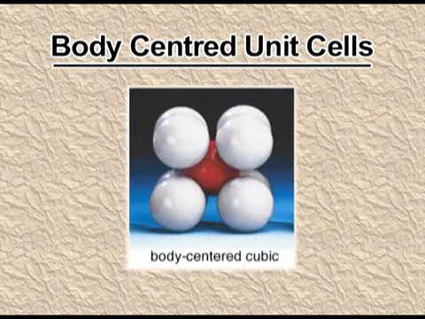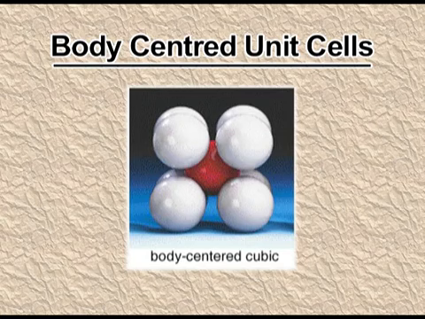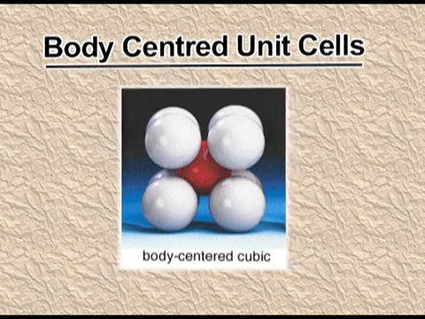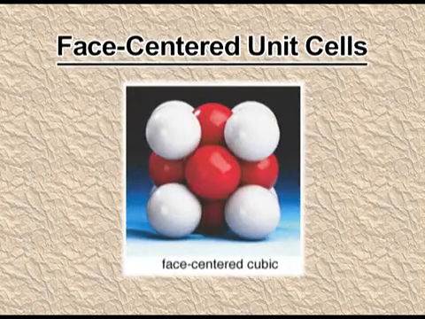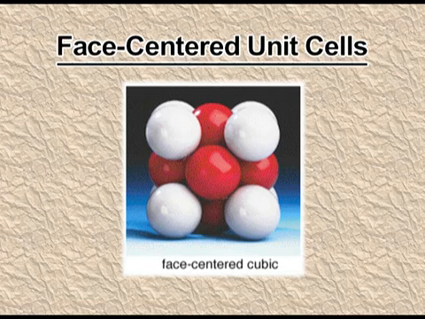You can see a red ball in between the white balls. Then in the third, that is the face-centered unit cell, the constituent particles are present at the corners, and in addition the constituent particles are present at the center of each face. That is the FCC unit cell.